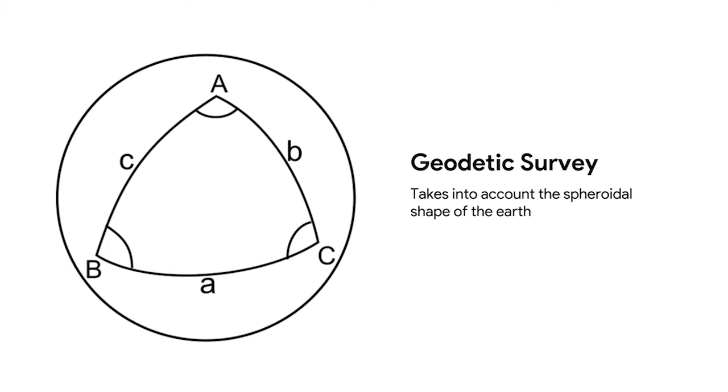These are surveys on a bigger scale. If the area you cover and measure has a considerable amount of curve, then it is important to consider the curvature of the Earth in getting the area. And that is your geodetic survey.